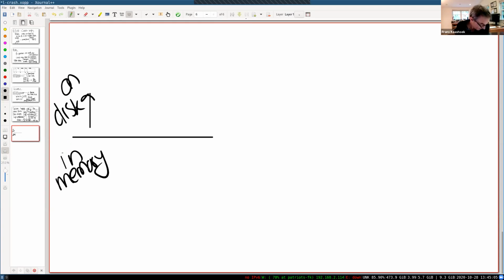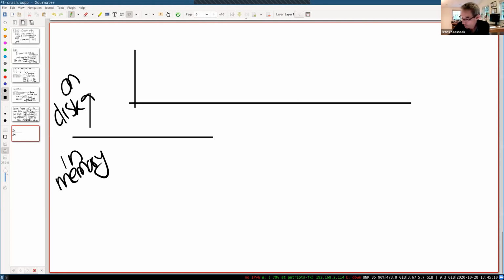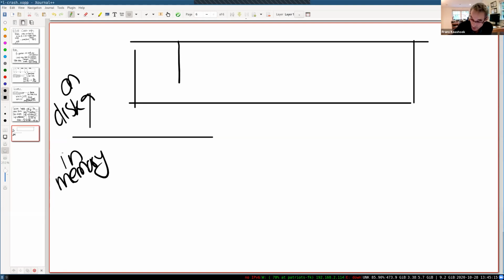And the structure of the xv6 log, as always, is extremely simple. We have one block at the beginning, the header block, and that is basically our commit record. It contains the number n, the number of blocks in the log, and then for each block, the block number, the home location of that block.